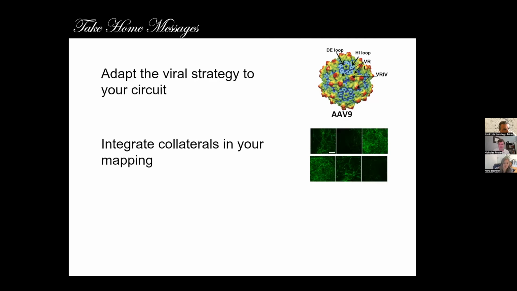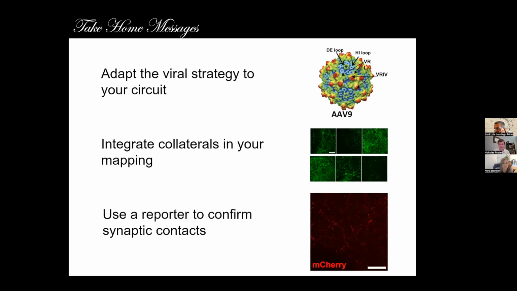Then it's important to integrate collaterals when you do mapping of the selective projection. As I've shown you, generally the main projection is the one you target, but you can have important collateralization. And it's also important to confirm that there are indeed synaptic contacts and it's not just passing fibers. Okay, so with that, I would like to thank you, and I'll give the floor to Nicholas.